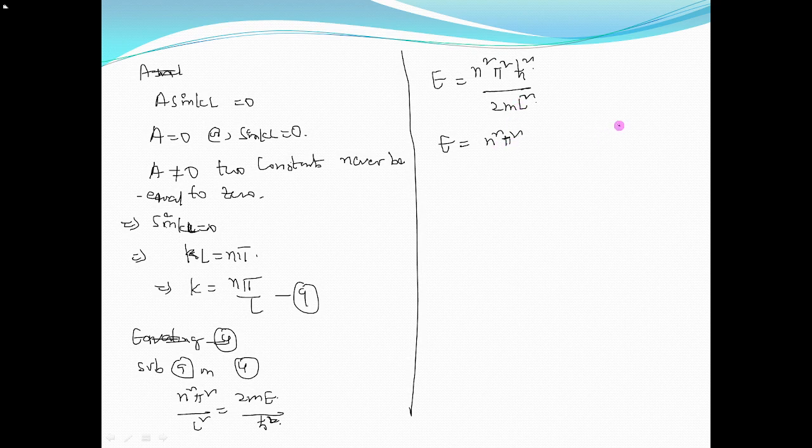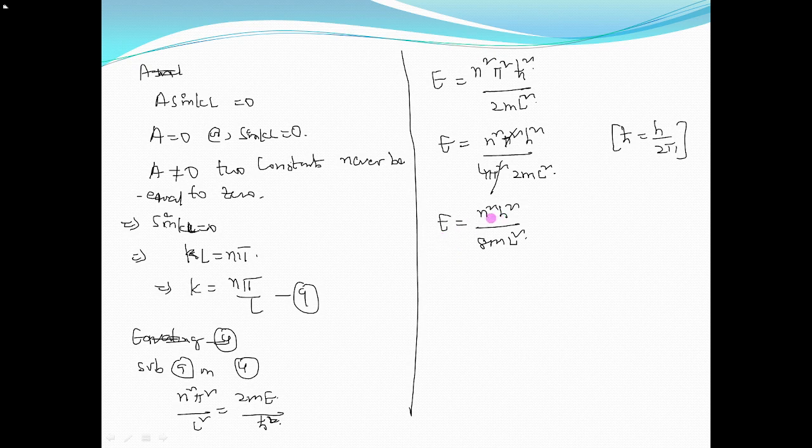What is h cross? We know h cross is equal to h by 2 pi. So I can write it as h square divided by 4 pi square, 2m L square. So this pi square gets cancelled. You will get energy as n square h square by 8m L square.